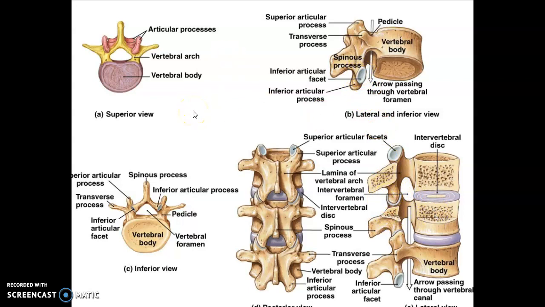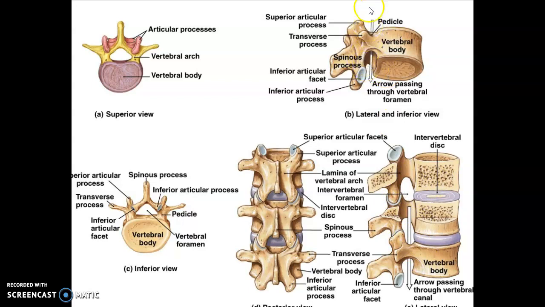Now, another real important distinction that you need to be able to make, because it can be confusing since the names are so similar. You have this area here that the spinal cord runs through. As we see this arrow right here, the arrow would represent where the spinal cord is running through the vertebral foramen. But when I put a bunch of these vertebrae together, like they actually are, where they overlap, they form holes on the sides.